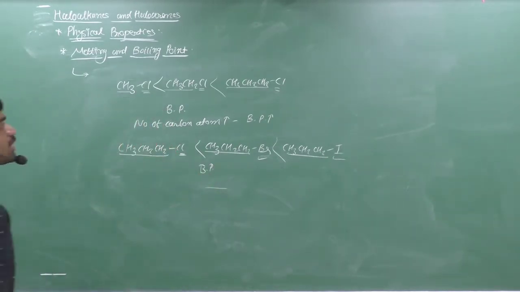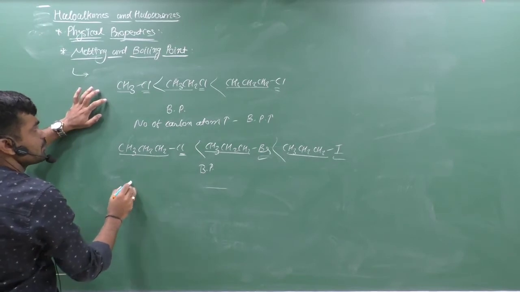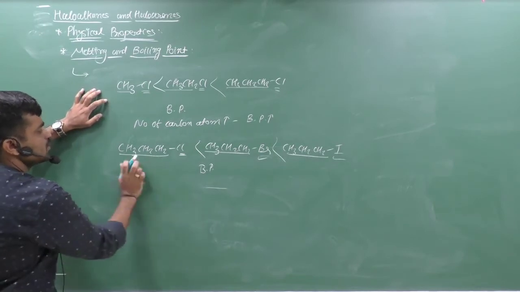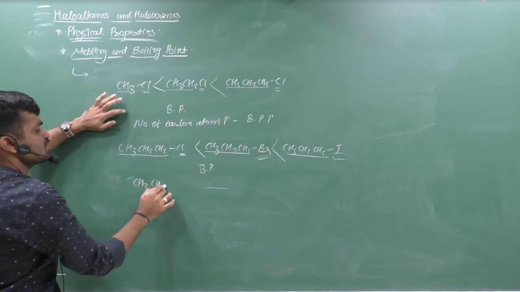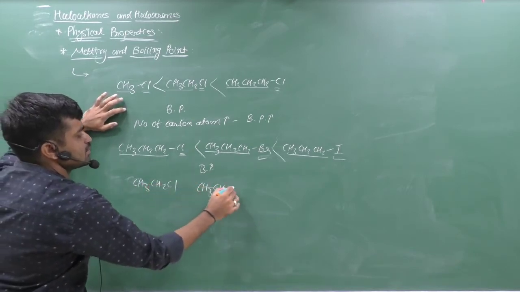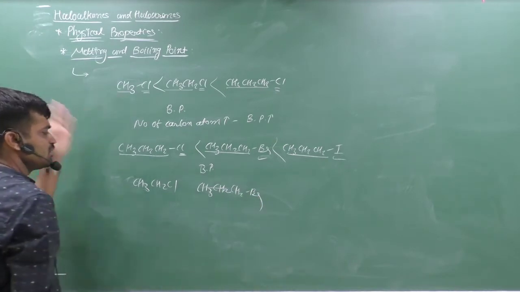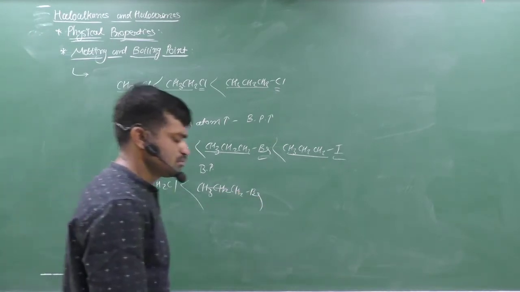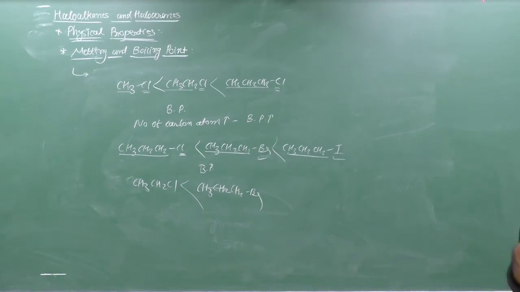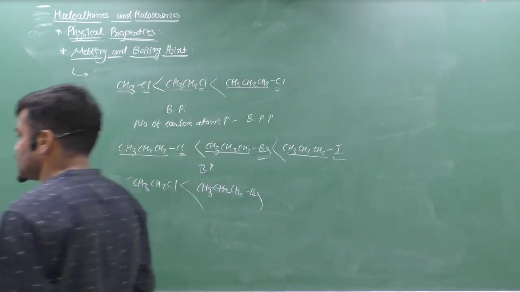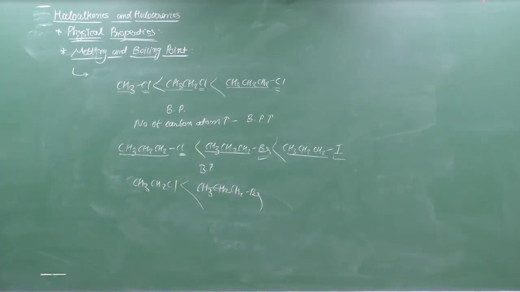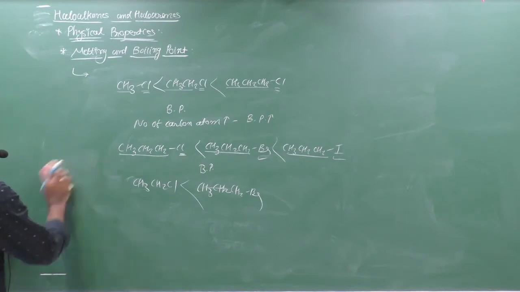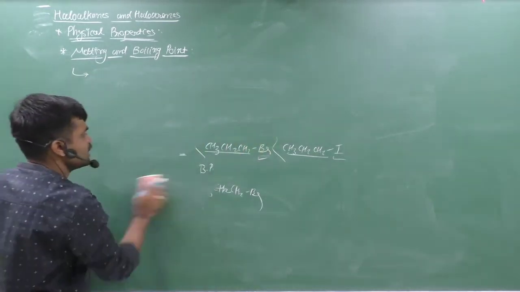If we compare CH3CH2Cl and CH3CH2CH2Br, the boiling point is higher in the latter. Clear? As the number of carbon increases, boiling point increases; if the halogen is different, as the size of halogen increases, boiling point increases. It is very simple, and it is given in our textbook in the form of a graph. Clear?